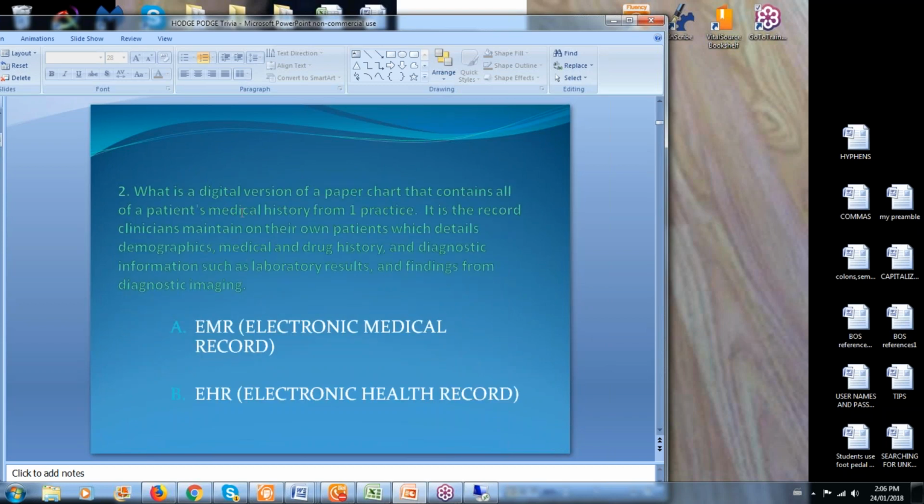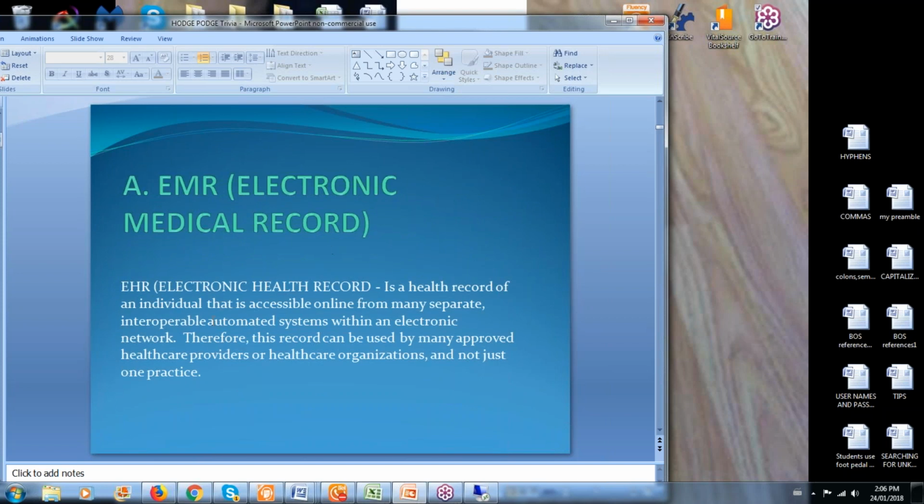It's just the medical history from one practice. That's an EMR. But when you get information online from many different places, then it's electronic health record, EHR. A few of the students were getting mixed up on that.